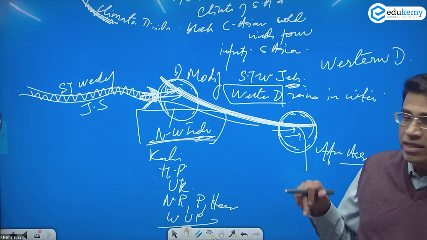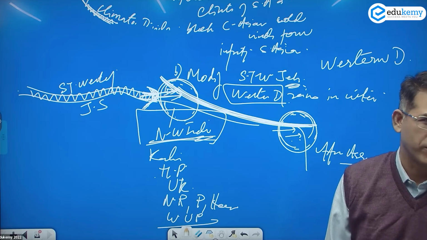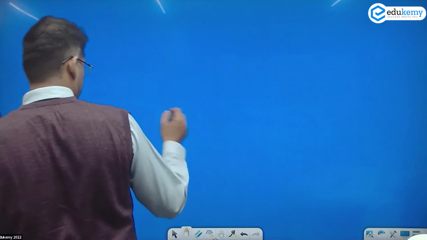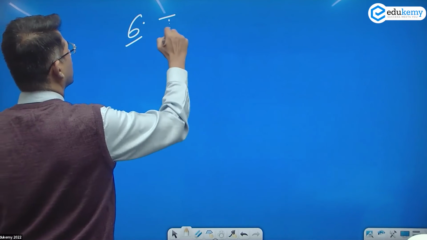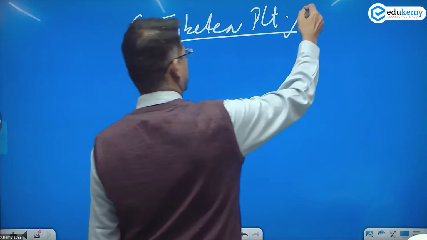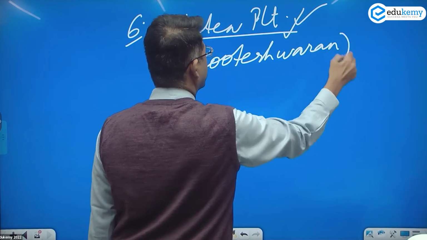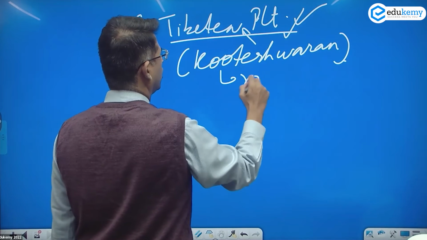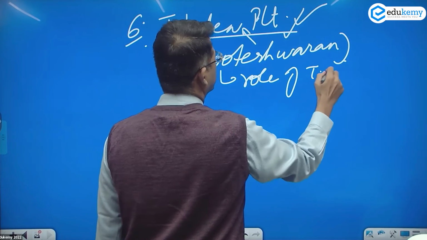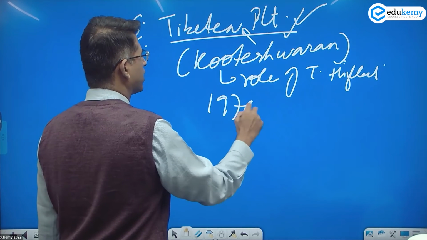Himalayas का. The sixth influence is the Tibetan plateau. ये बहुत important है. There was a scientist called Koteswaram. He talked about the role of Tibetan highlands. हम 1970s की बात कर रहे हैं.